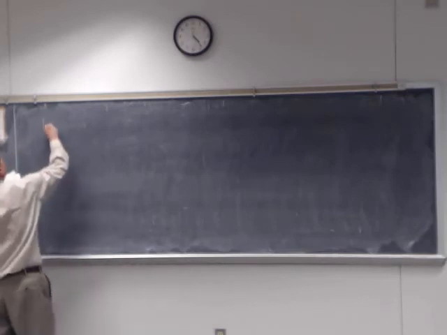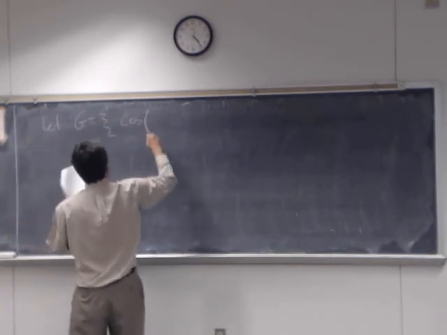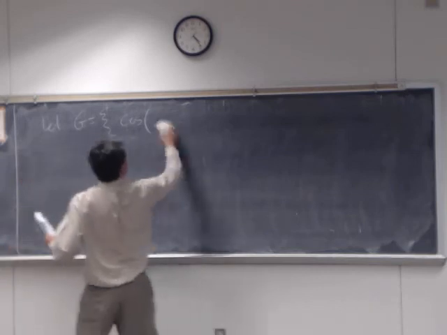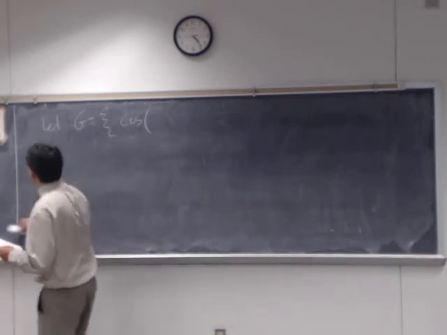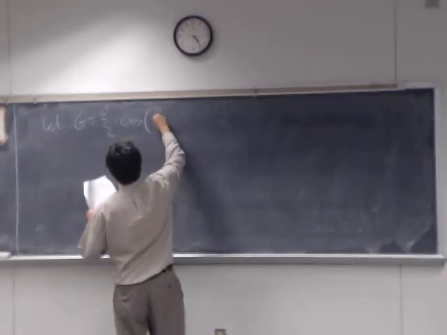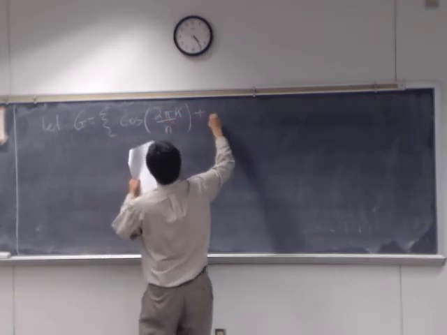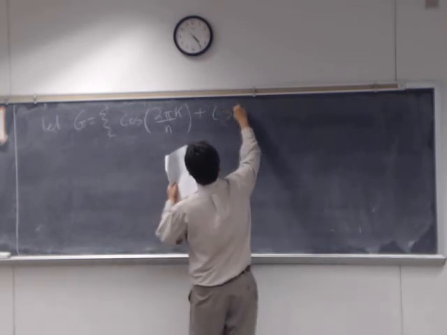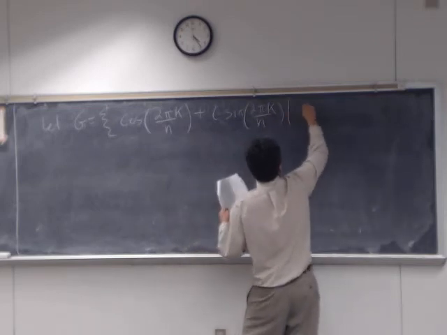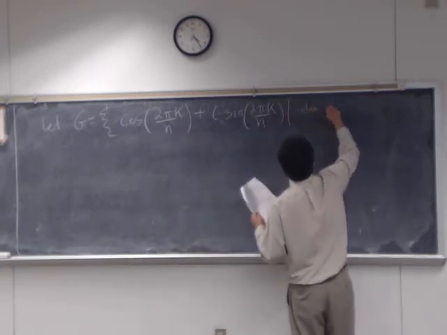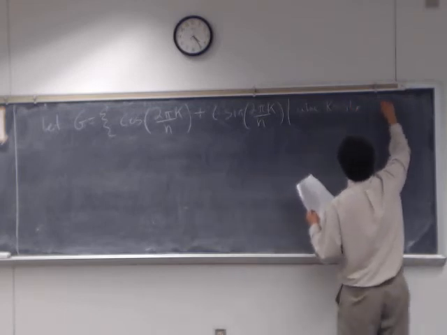So what we want to do is let G be the set of cosine of 2 pi k over n plus i times the sine of 2 pi k over n, where k is 0, 1, all the way up to n minus 1.